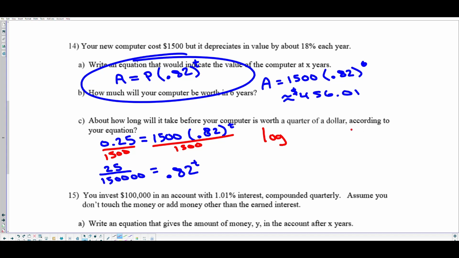Think about it, which log should you use? Log of this fraction, because this is now your base, or log of this decimal, which is now your base. So which log should you use? That's right, you should be using log base 0.82.